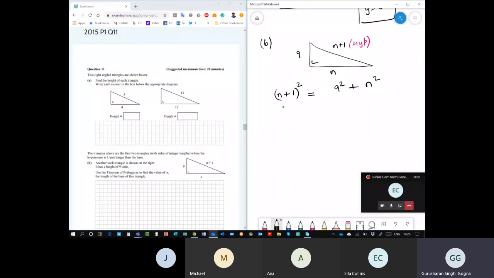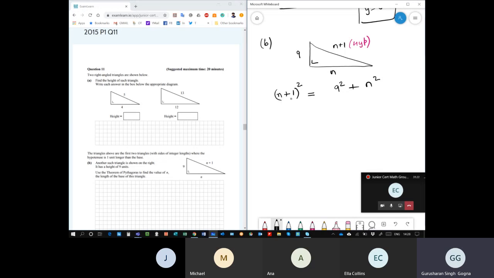Okay, n plus 1 whole square is the hypotenuse. So the square of the hypotenuse equals the square of 9 plus the square of n. Now, how will you simplify this? We did algebra, and I hope you practiced. How will you open this?